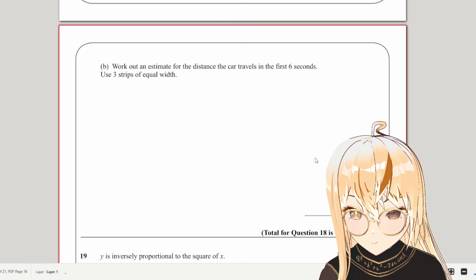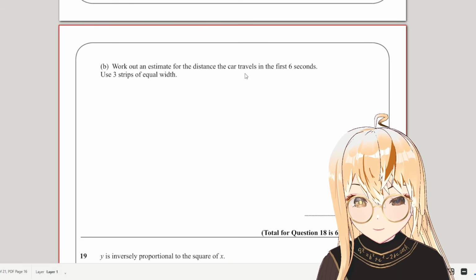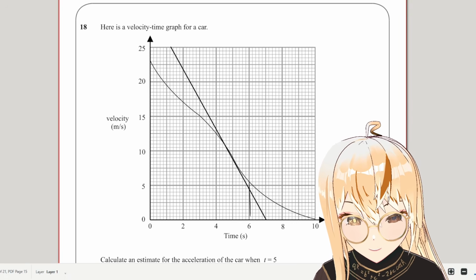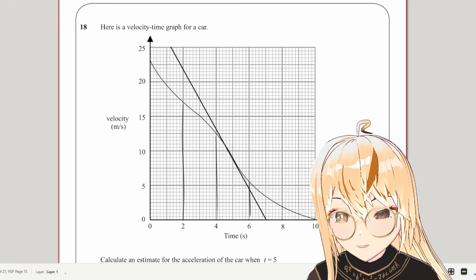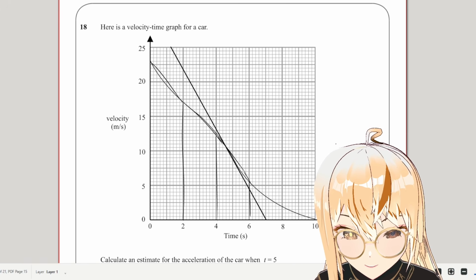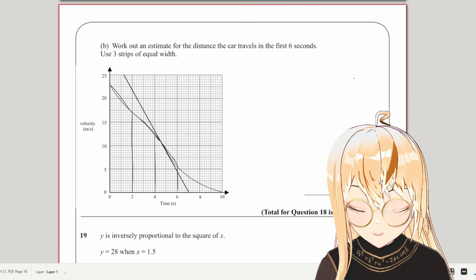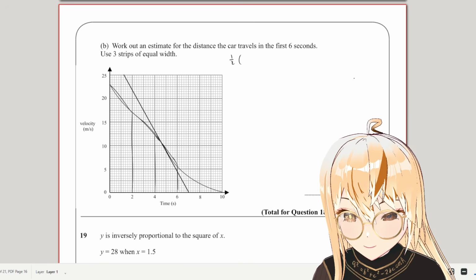Okay, so we want to see how far it travels in the first 6 seconds. We're just estimating it with 3 strips. That'd be like this, this, and this. And these are just 3 trapeziums. Okay, this is just a mess. Okay, I've copied it into the question so we can actually see it. So that'll just be half a plus b times h.